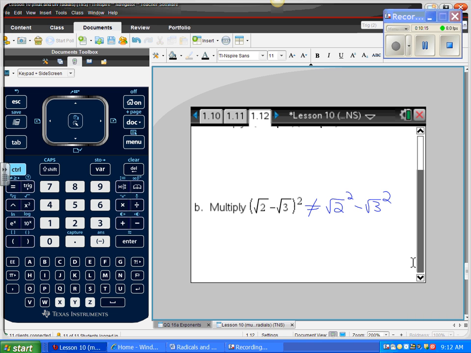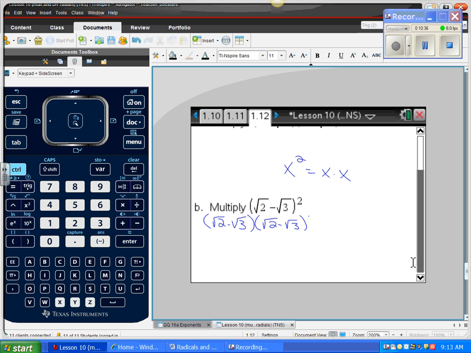No. Okay? The squared means you're multiplying it by itself, just like x squared means x times x. We know that, right? So that's exactly what's going to happen here. Square root of 2 minus square root of 3 times square root of 2 minus the square root of 3.